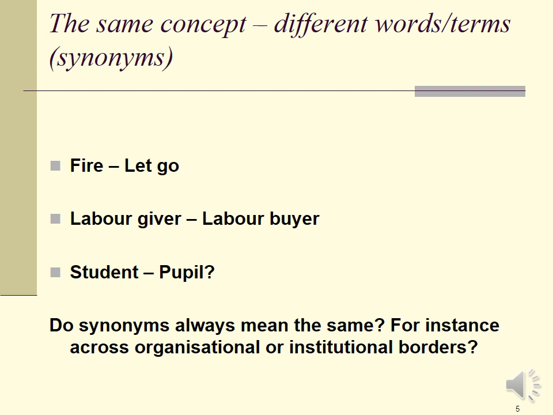In the Swedish educational domain, it's not actually. A student is what you become when you have successfully finished high school. A pupil, then you have not yet finished high school. So only students, for instance, can be admitted to university. And of course, this is also complicated by the fact that meanings of words or terms may differ heavily across organizational and institutional borders.